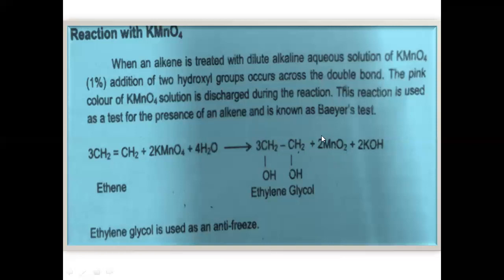The side products formed are manganese dioxide and potassium hydroxide, which make the solution alkaline in nature. What is the importance of this ethylene glycol? Ethylene glycol is used as an anti-freezing agent in automobile engines.